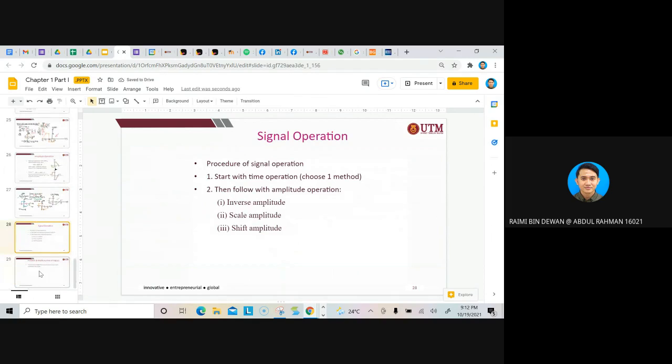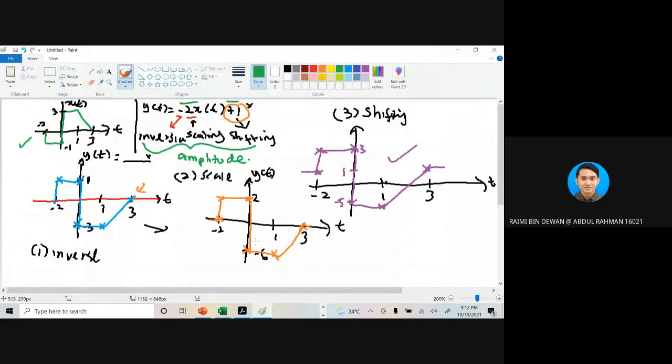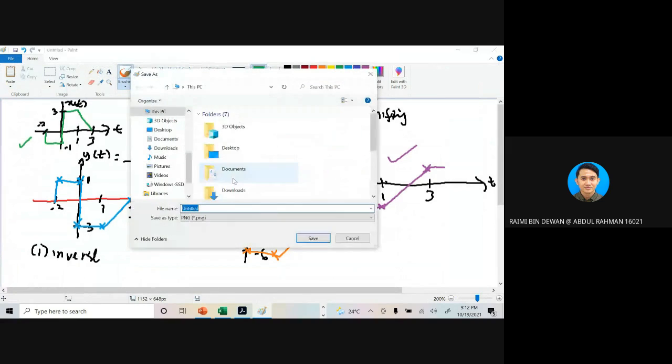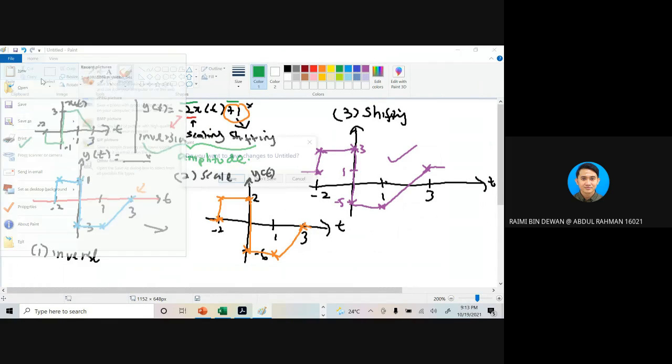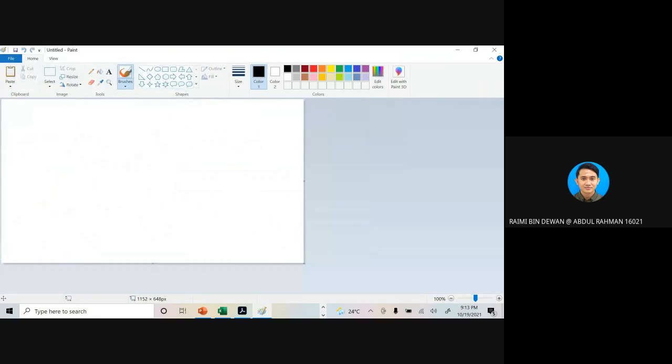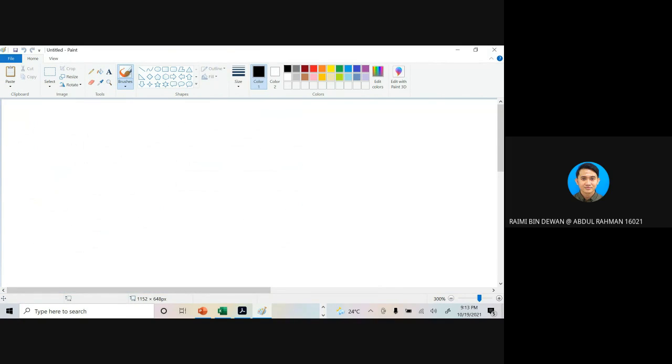Now, new page. Addition and multiplication of signals. Sorry, I don't want to save this. You can have, for example, addition of signals.